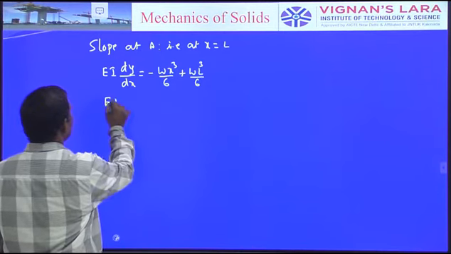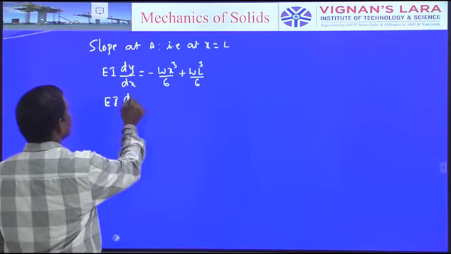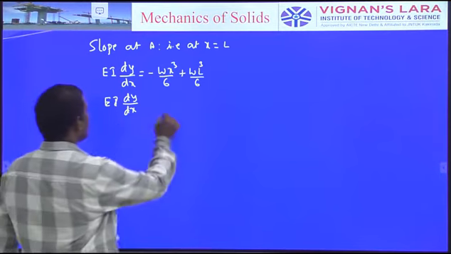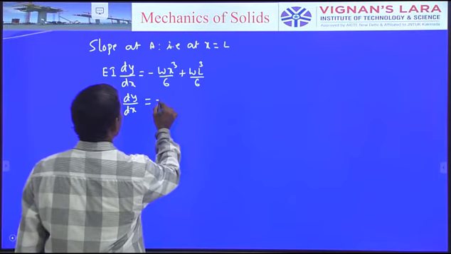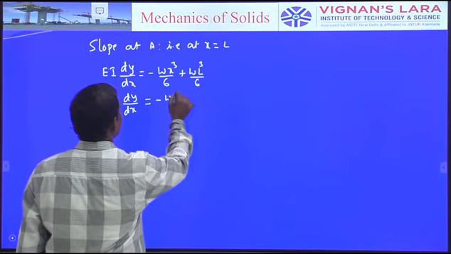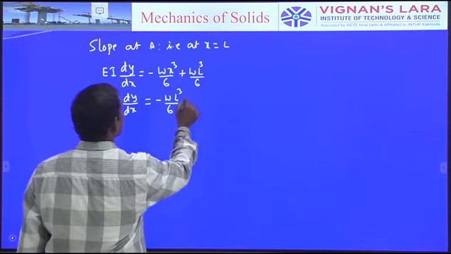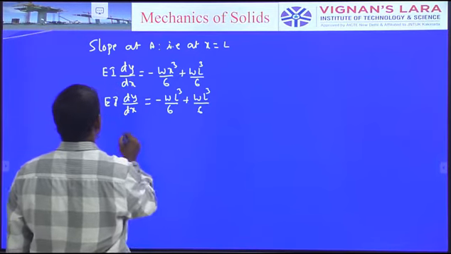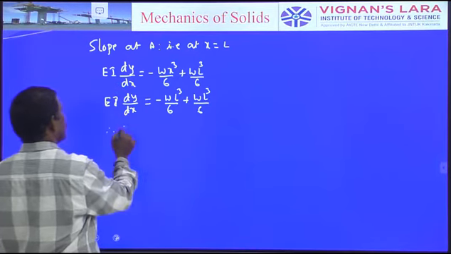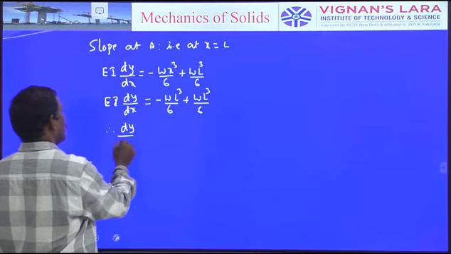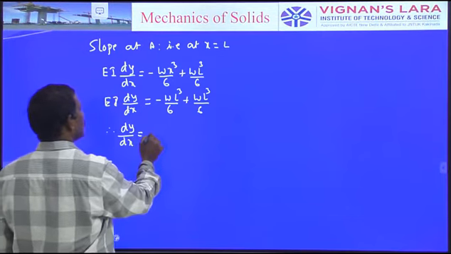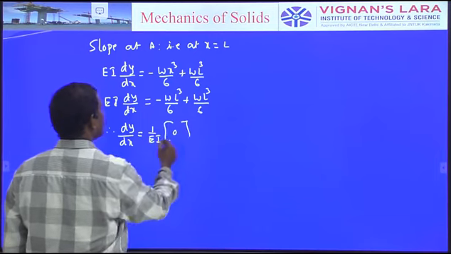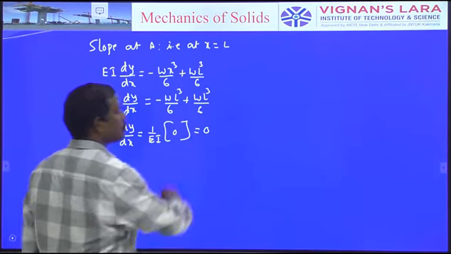Finally, EI into dy by dx is equal to minus w into L cube by 6 plus w L cube by 6. So dy by dx is equal to 1 by EI into 0, that is 0.